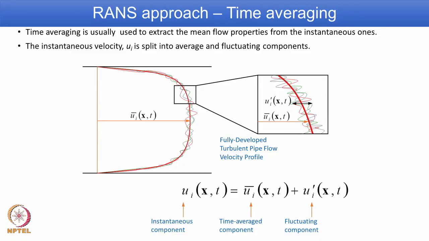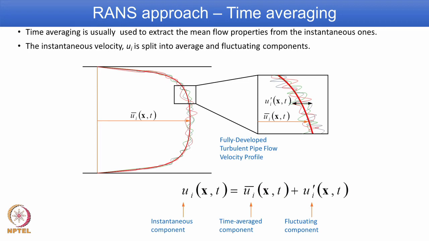It is possible to do both spatial averaging as well as time averaging. For now, we will limit it to only time averaging and explain turbulent flow with the help of only the time averaged quantity. So, time averaging is usually used to extract the mean flow from instantaneous ones.